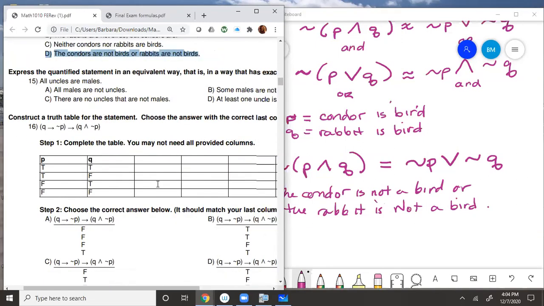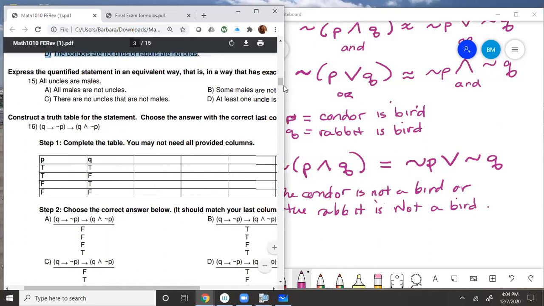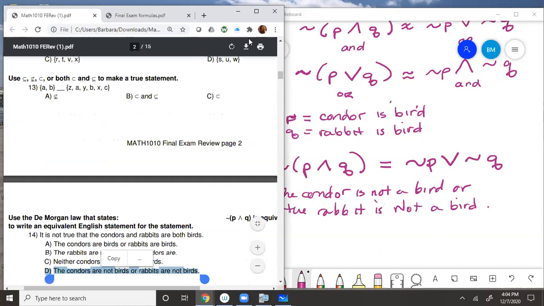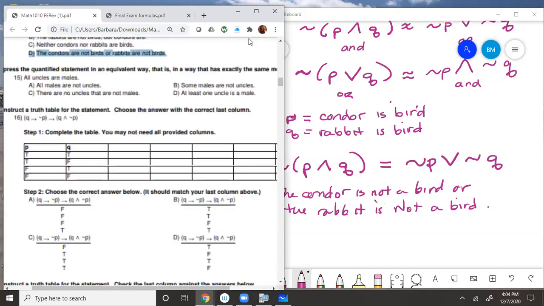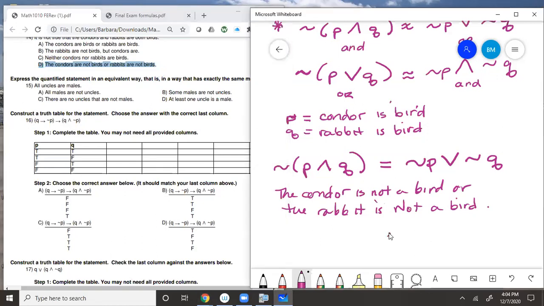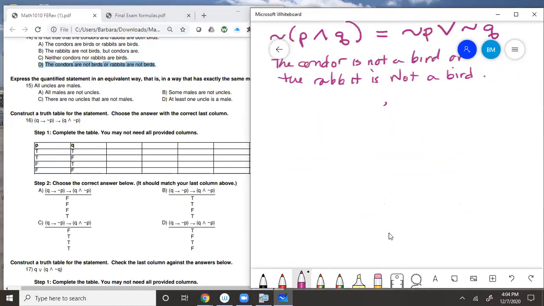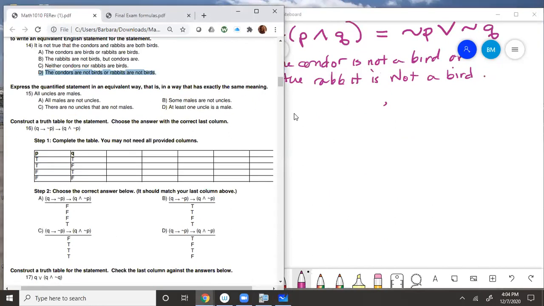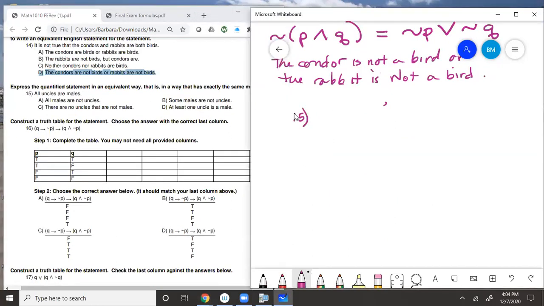Number 15, express the quantified statement in an equivalent way, one that has the exact meaning. All uncles are males. I think a Venn diagram might be really good for this one. So for number 15, all uncles are males.